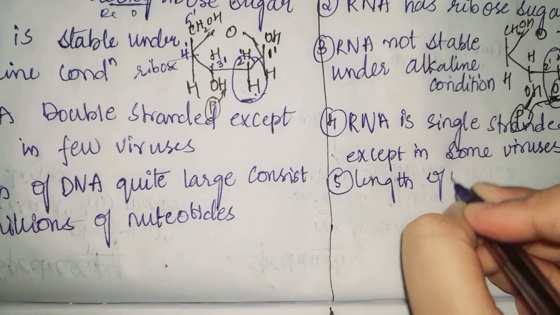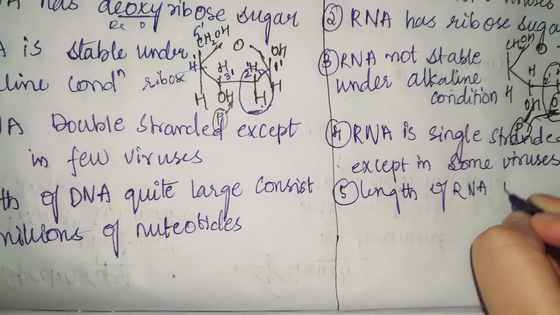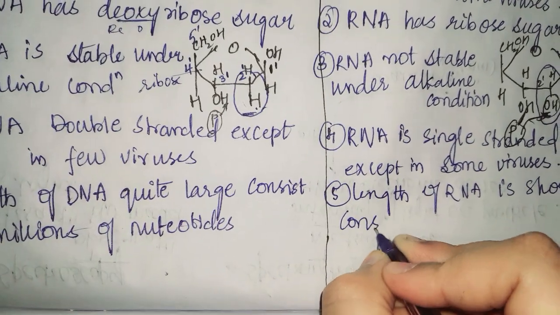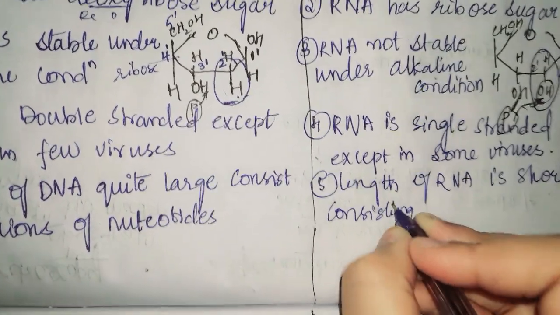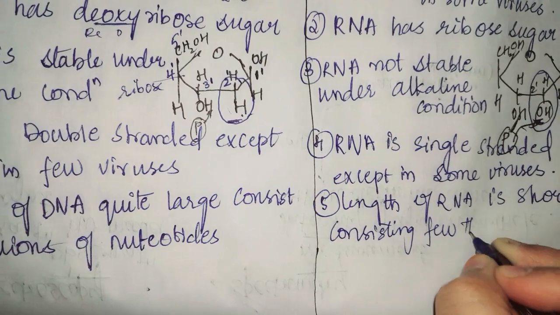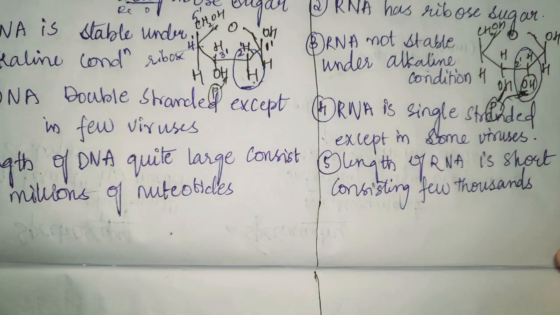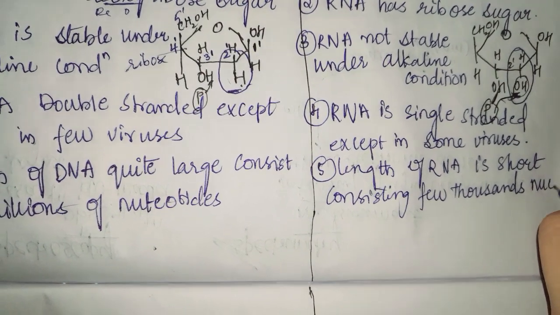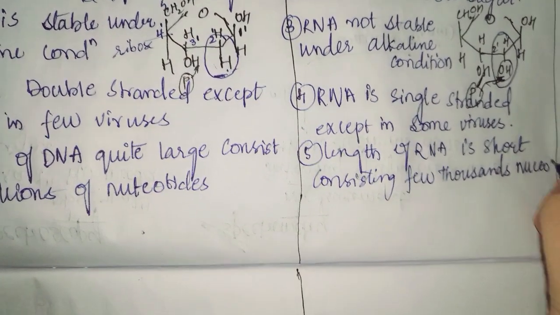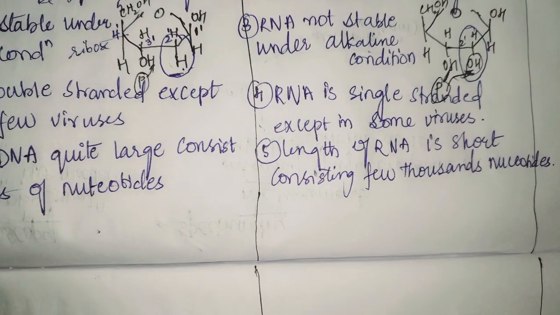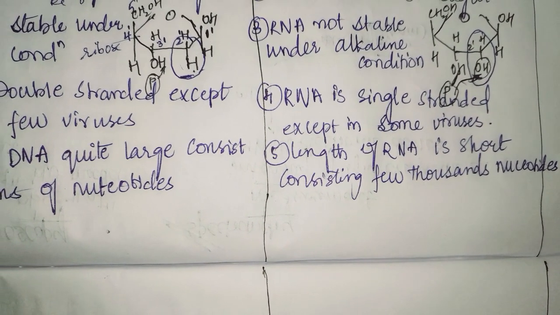The length of RNA is short, right? It consists of a few thousand nucleotides. This is 100% true, because DNA is present in all living organisms, and that's why its length is millions of nucleotides.